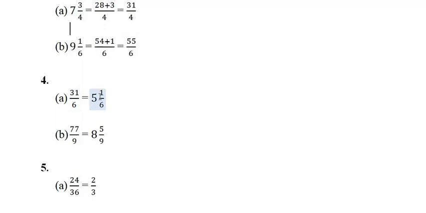Whatever is the remainder, that will be the numerator, and whatever be the quotient, that will be your whole number. Similarly 9 8s are 72, and 5 will be the remainder. So this 5 will be written as the numerator. So it's very simple.